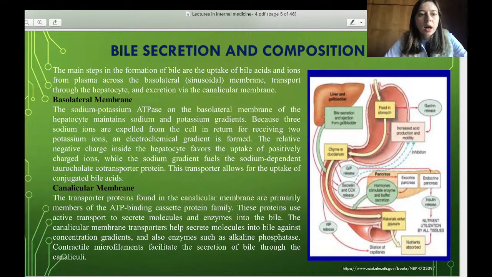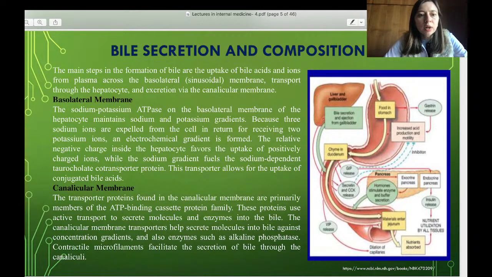Next step, the canalicular membrane. The transporter proteins found in the canalicular membrane are primarily members of the ATP-binding cassette protein family. These proteins use active transport to secrete molecules and enzymes into the bile.